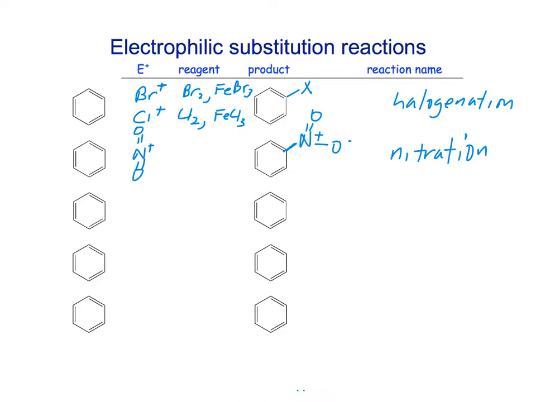And the way we're going to do this is we're going to use nitric acid, and our catalyst is going to be sulfuric acid. So it's a very acidic mix. Okay, the next one we'll do is called a sulfonation.